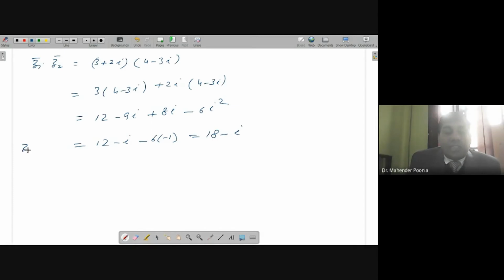This implies Z1 conjugate into Z2 conjugate is equal to 18 minus iota. Put it as equation number 2.